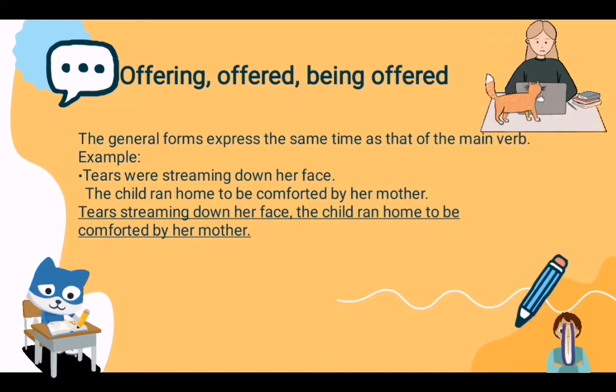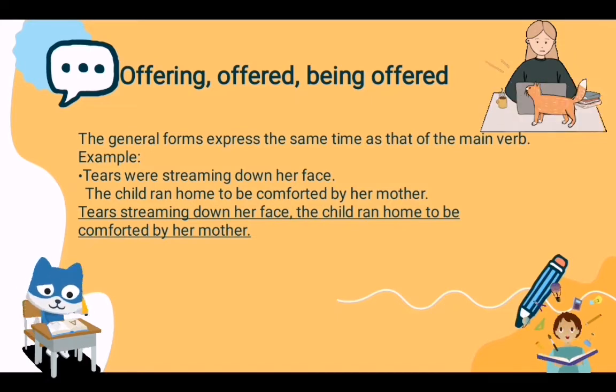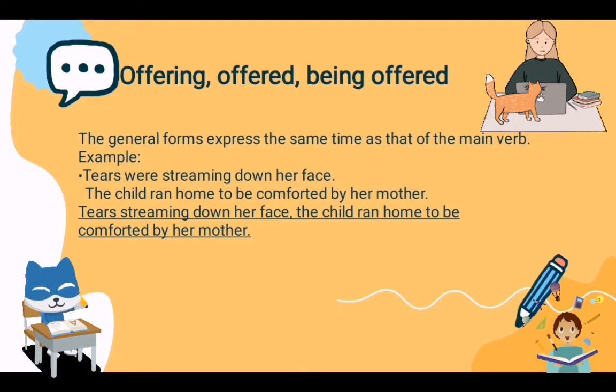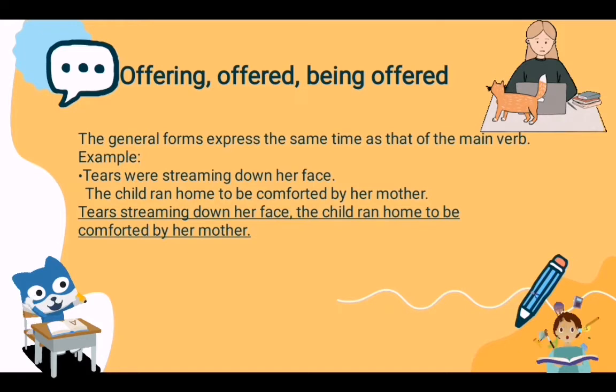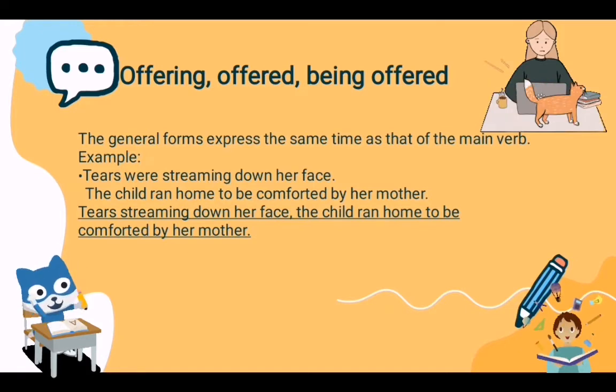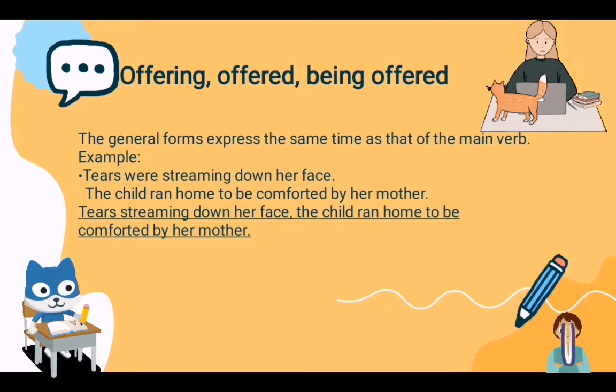Tears were streaming down her face. The child ran home to be comforted by her mother. So if we are going to make those sentences into one, we are going to say it like this: Tears streaming down her face, the child ran home to be comforted by her mother.